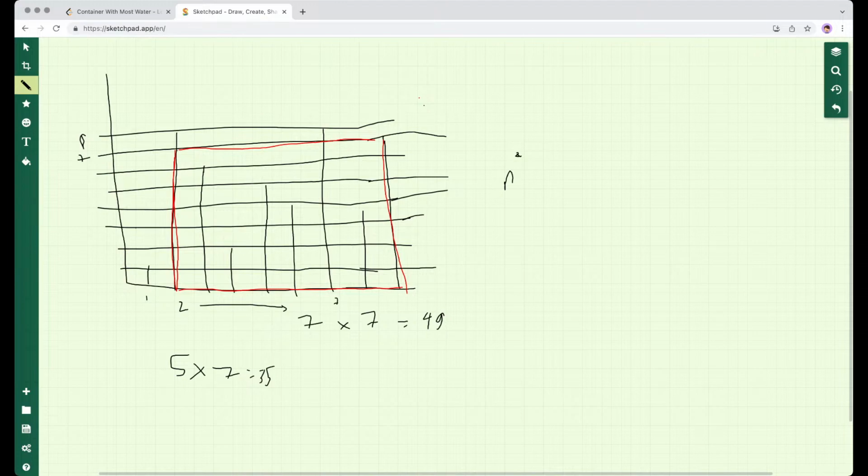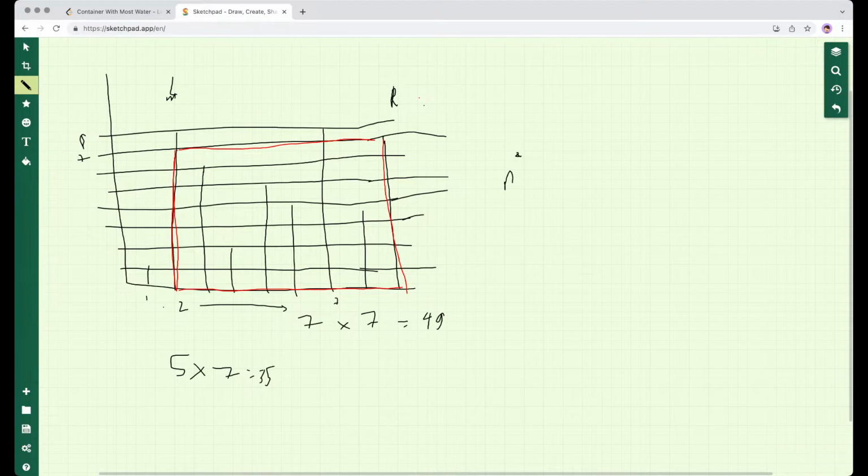If you notice, you basically just need the bar between this and this, right? So you need the minimum of the left bar and the right bar, and then you can calculate the distance between the two.